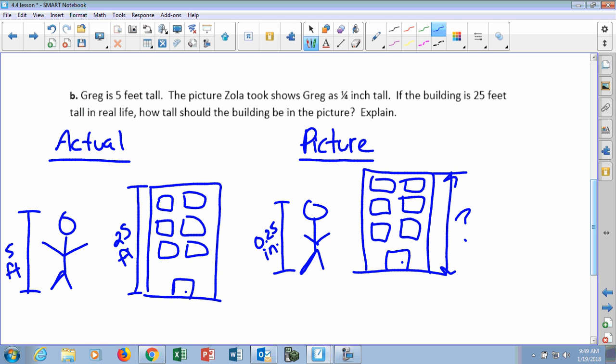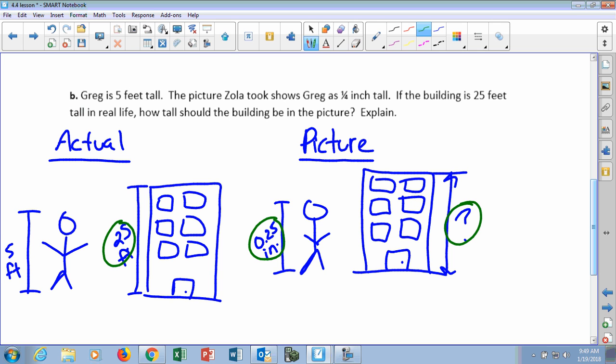How are we going to figure that out? The ratio method. You like the ratio method? Okay, so let's circle our similar sides. What is similar to our missing side? 25 feet, right? And what is similar to Greg?